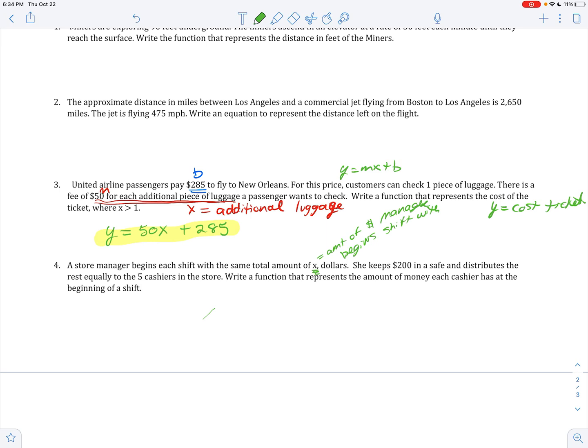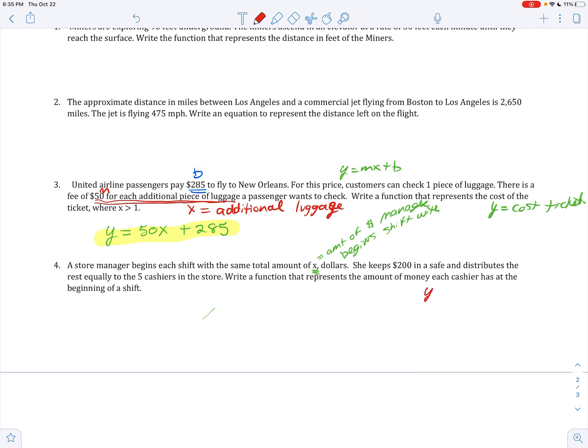Write a function that represents the amount of money each cashier has at the beginning of the shift. All right, so if X is representing the total amount the manager has at the beginning, and it wants us to write a function that represents the amount of money each cashier has at the beginning of the shift, then we're going to let that function be y.